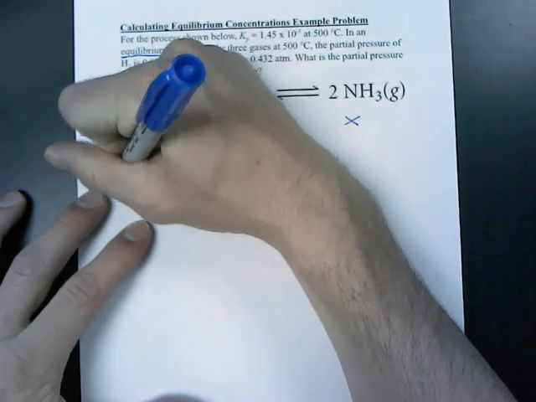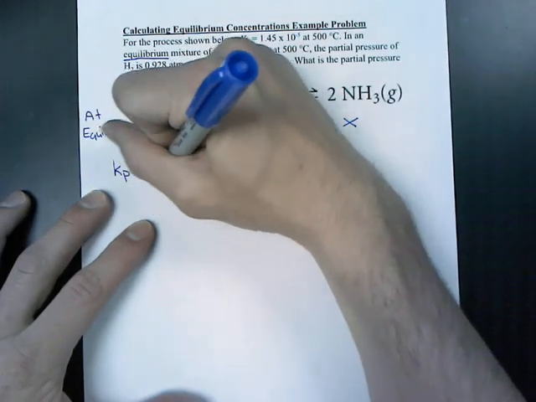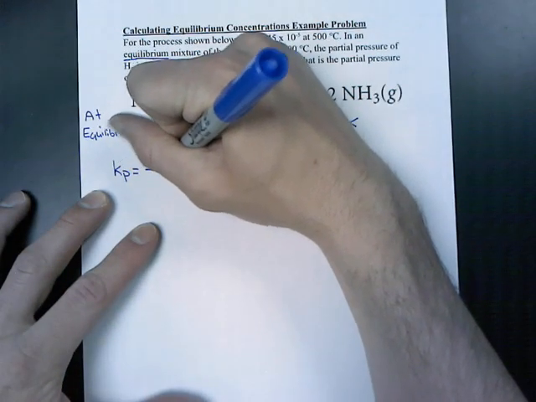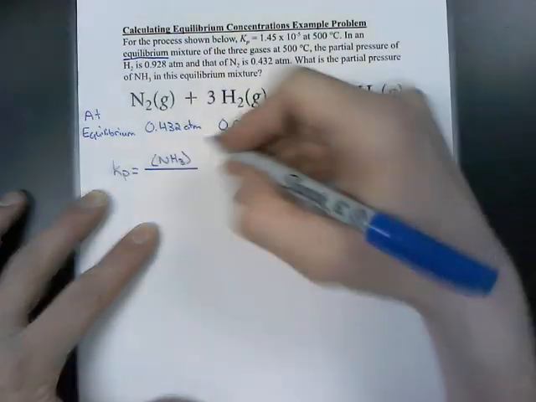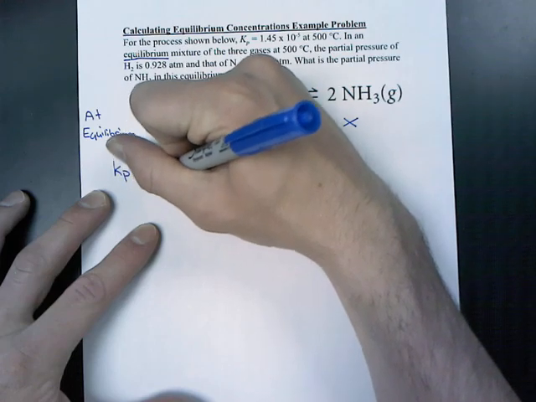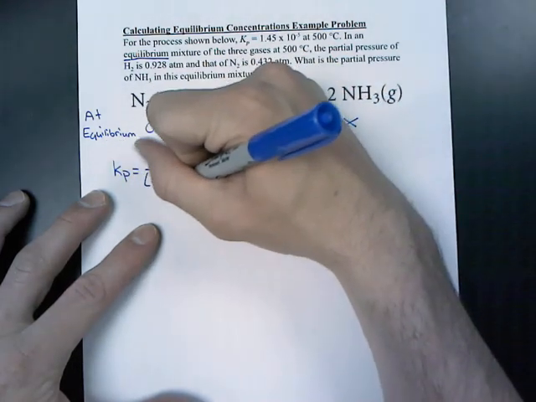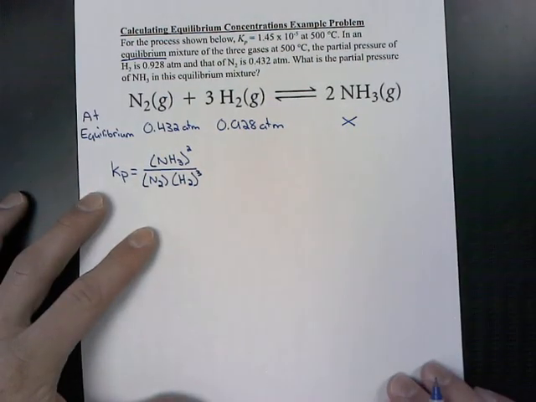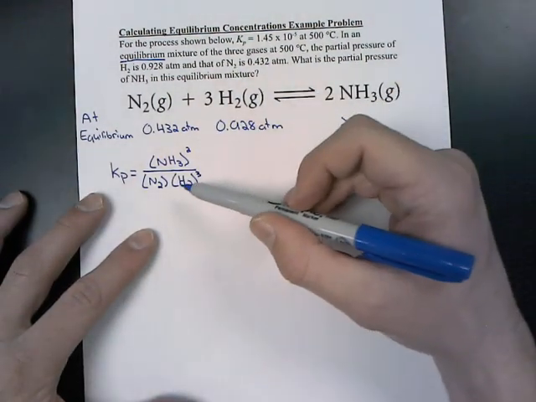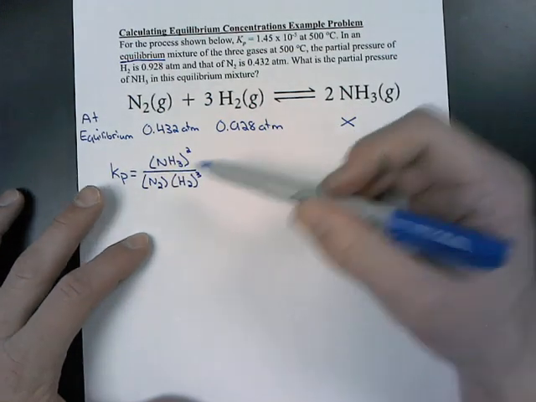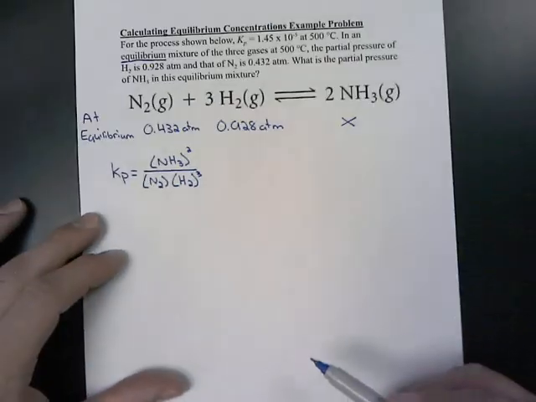So Kp is going to equal the pressure of NH3, I'm going to put that in parentheses, and raise it to the coefficient, divided by the pressure of N2 times the pressure of H2. Because there's a 3 coefficient, we need to raise it to that third power. And now we have some things we can insert into this Kp. So we have the expression written.